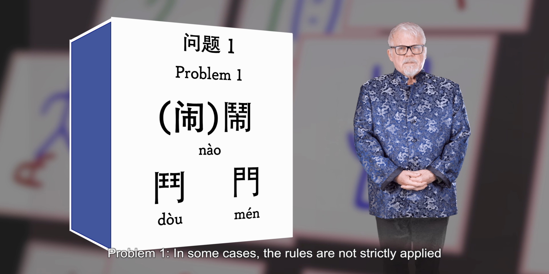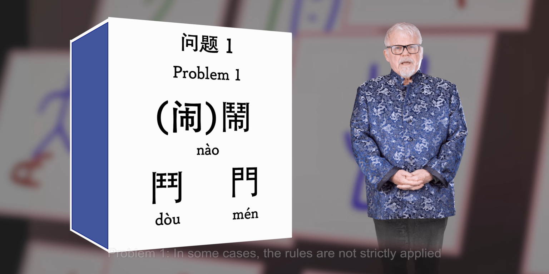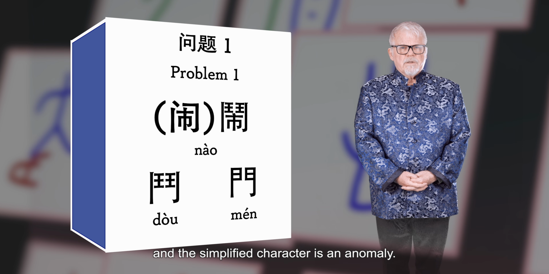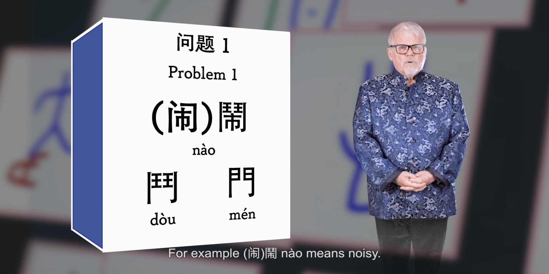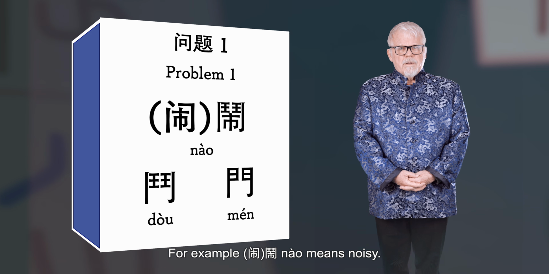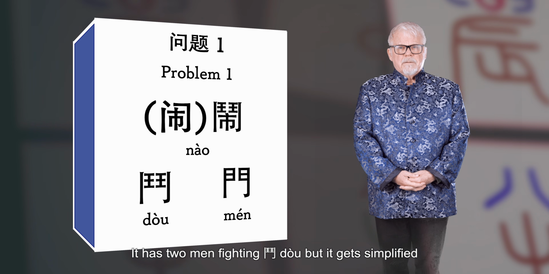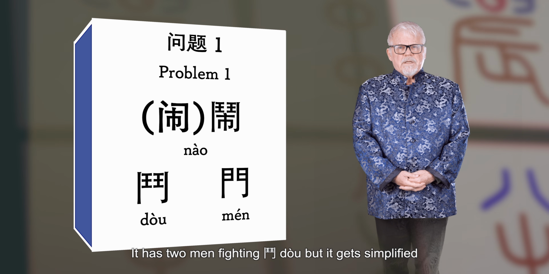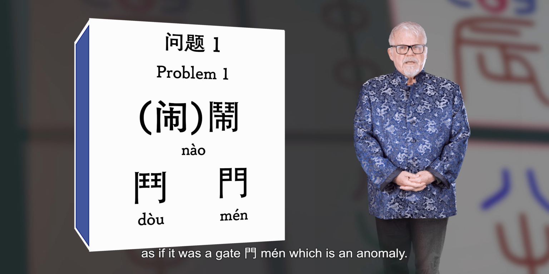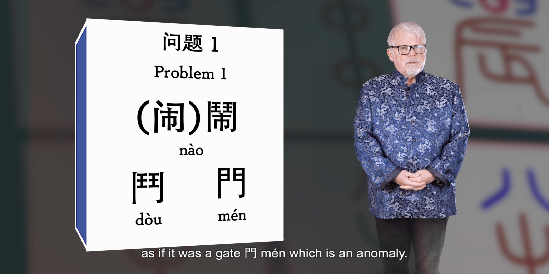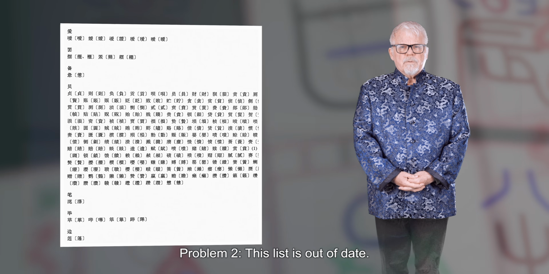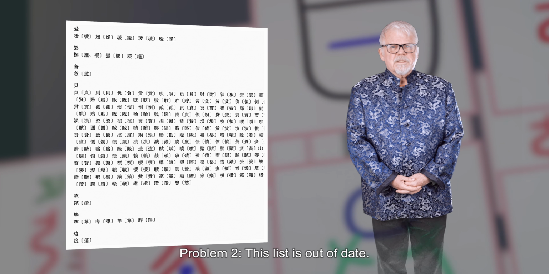In some cases, the rules are not strictly applied, and the simplified character is an anomaly. For example, Nao means noisy. It has two men fighting, do, but it gets simplified as if it was a gate, mun, which is an anomaly.